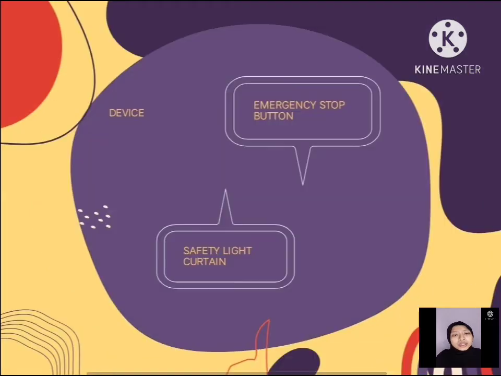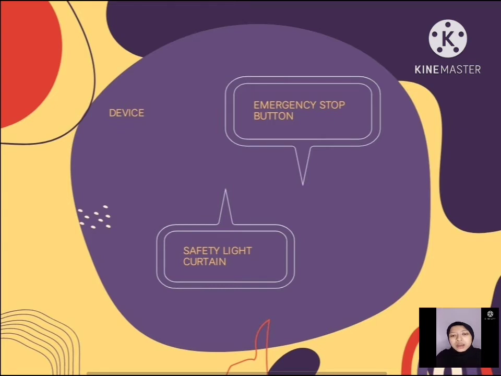There are many components that we can use. One of the components is logic, which is safe monitoring and processing. The safe monitoring and processing is used to reduce the risk if anything happens and to ensure the safety function. The safety processing devices are emergency stop button, safeguards, light curtain, and control device.